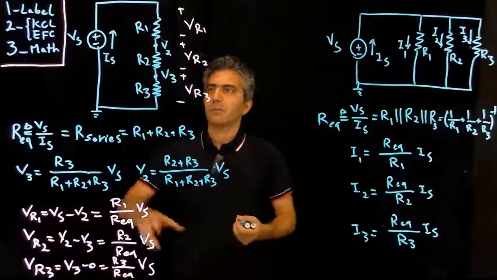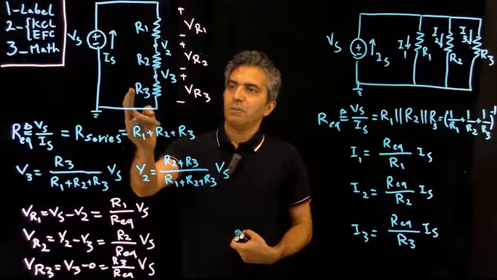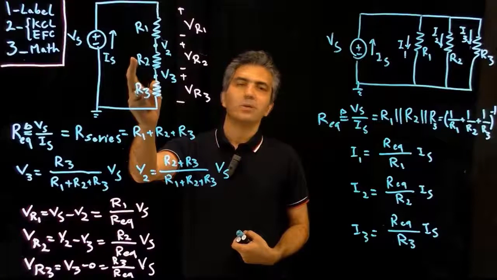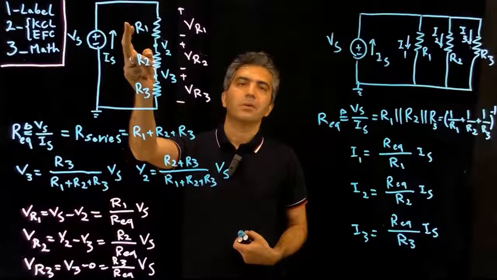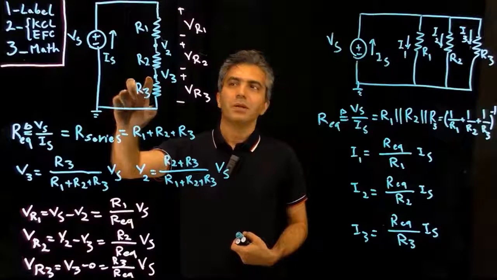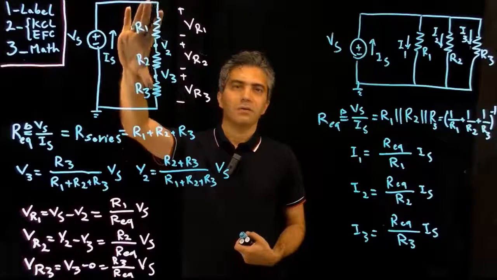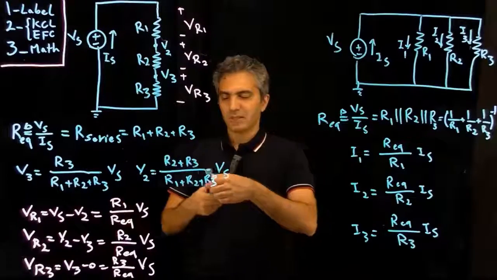Now, if I give you an example of this, say 6 volts, and you have a 1 kilo ohm resistor here, 2 kilo ohm resistor here, and a 3 kilo ohm resistor here. The voltage here would be 1 volt. The voltage here would be 3 volts, and the voltage of the whole thing obviously would be 6 volts, right?